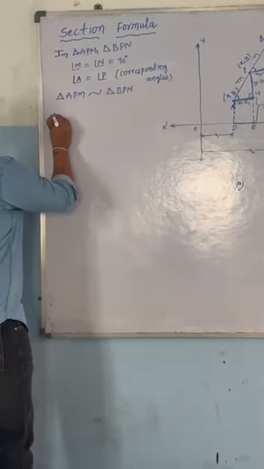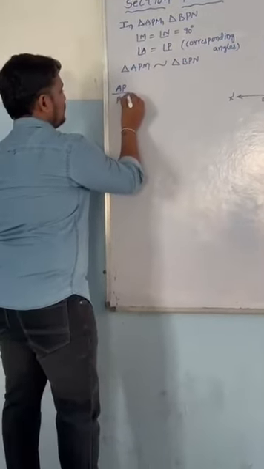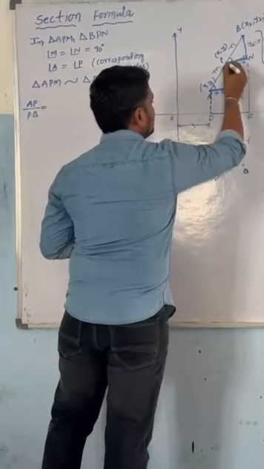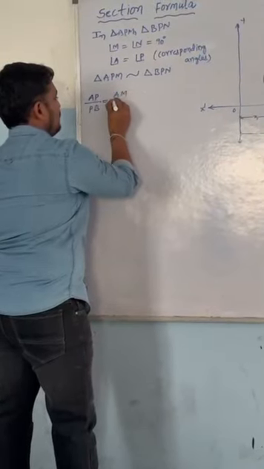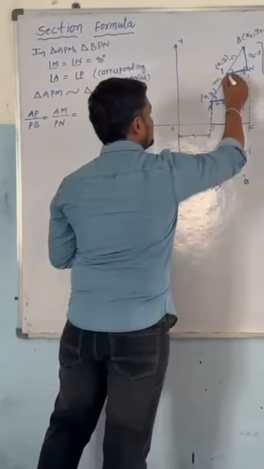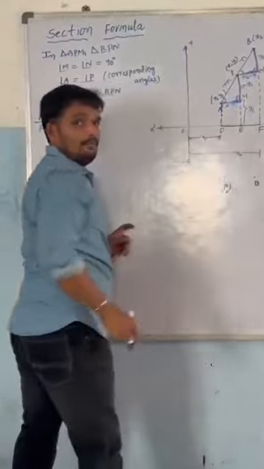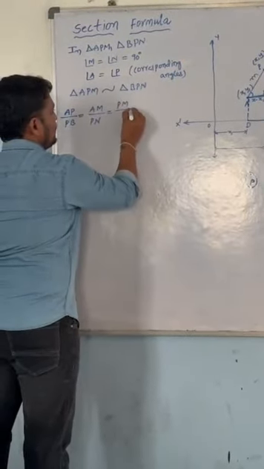AP by PB is equal to, here you can see, in this triangle AM is corresponding to PN. So AM by PN is equal to, in the first triangle there is PM, in the second triangle we have BN. So we can say that PM by BN.